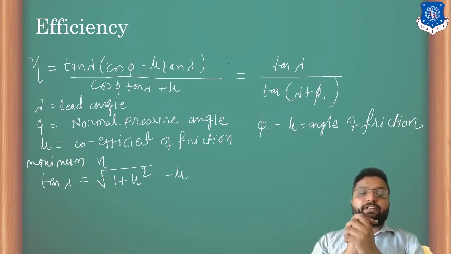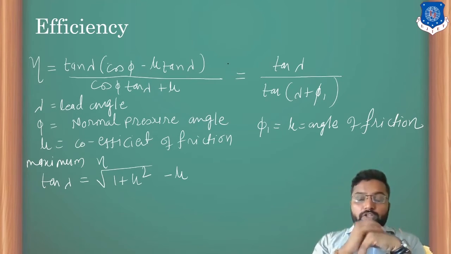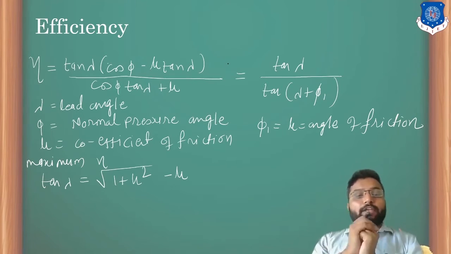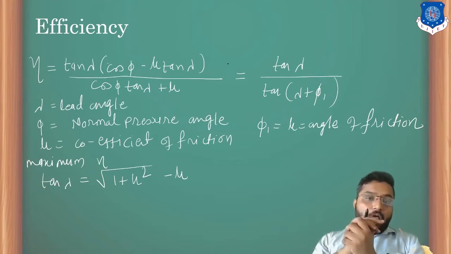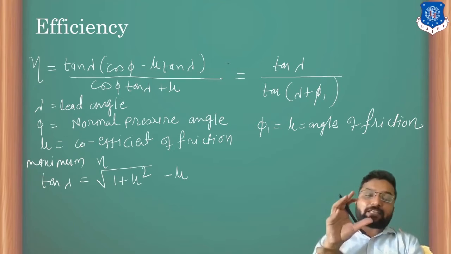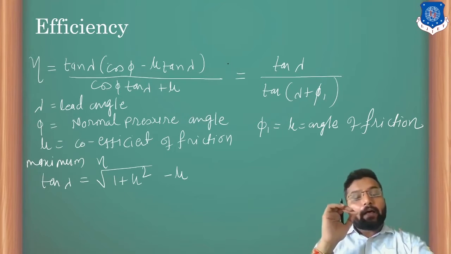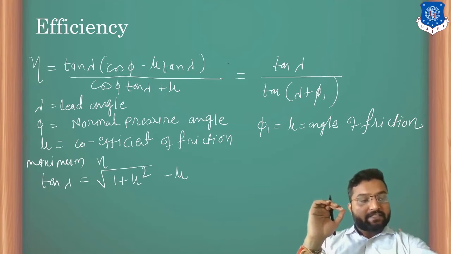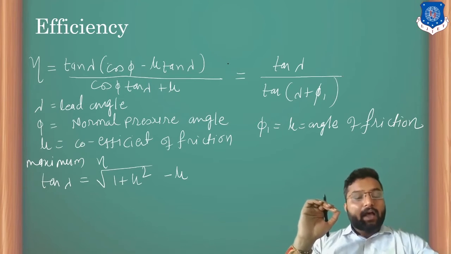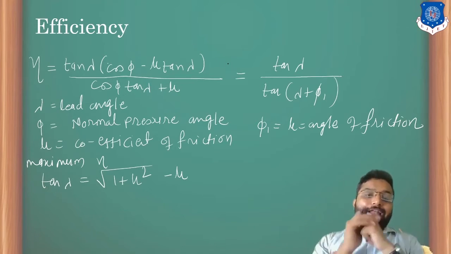Clear? Here we haven't discussed the strength of our worm wheel. This equation mainly deals with the efficiency of our worm. I hope you understand this aspect of efficiency. Let's recap once again. This efficiency mainly deals with our velocity ratio and lead angle.